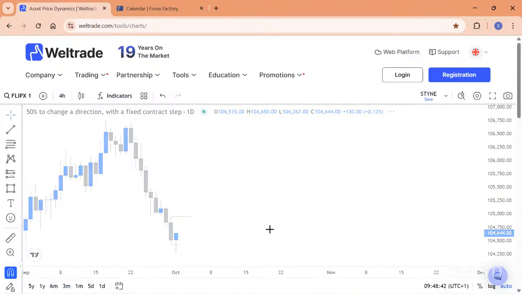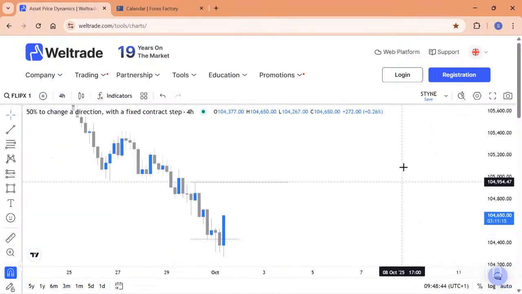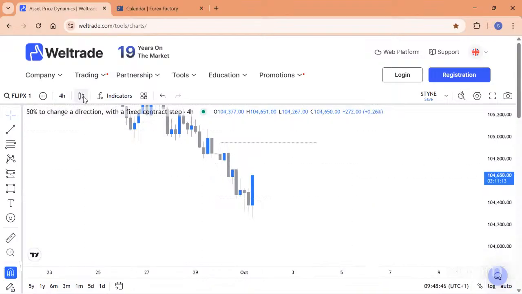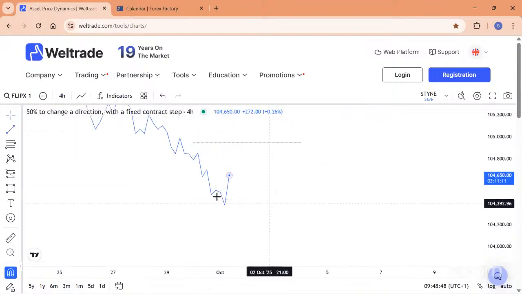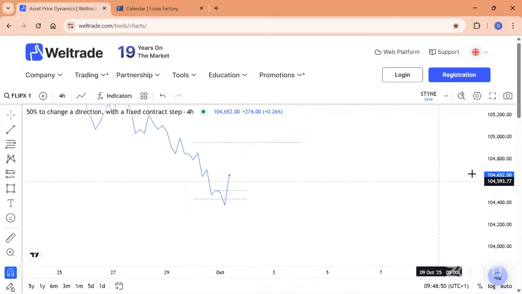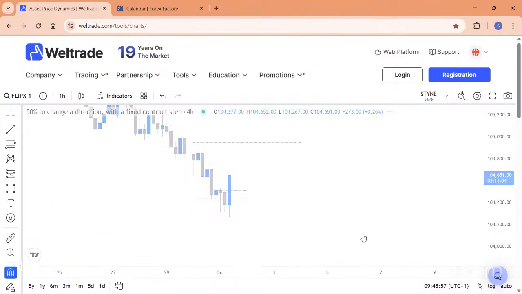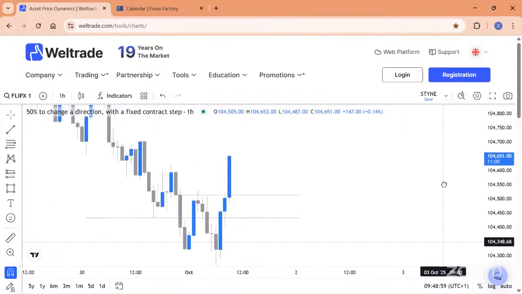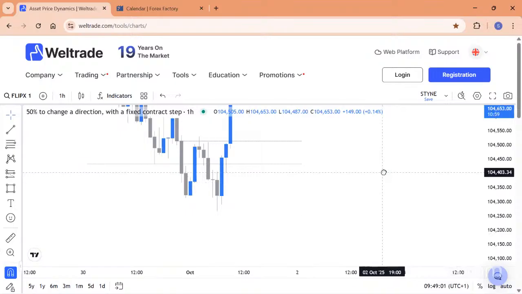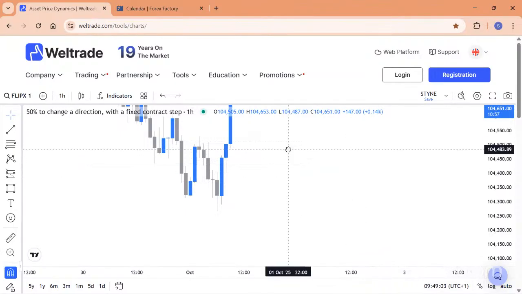Let's see the 4 hours. The 4 hours is expanding. Oh God, is this a trap? Because the 4 hours is expanding, and it has a few hours before closure. There's no fair value gap there, but there's a fair value gap down here.